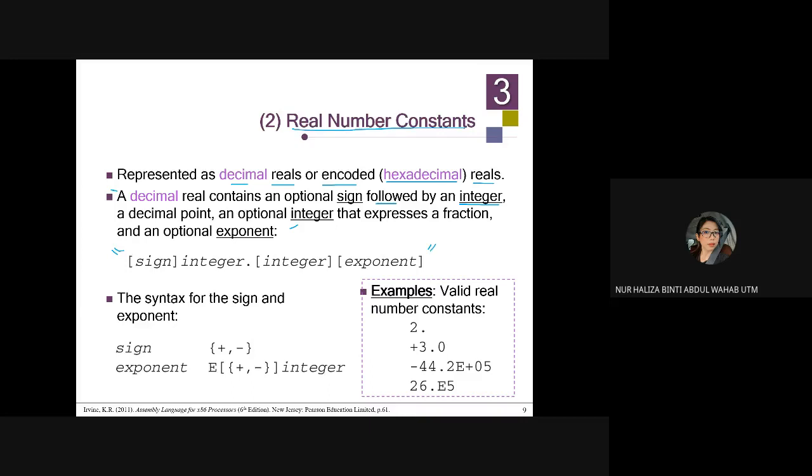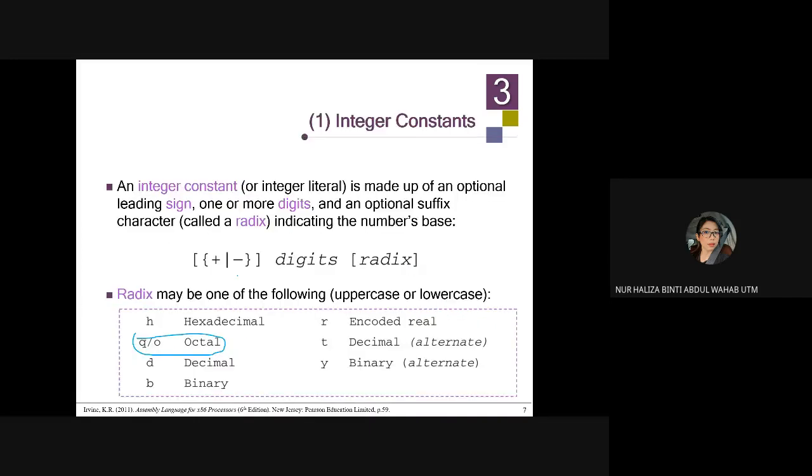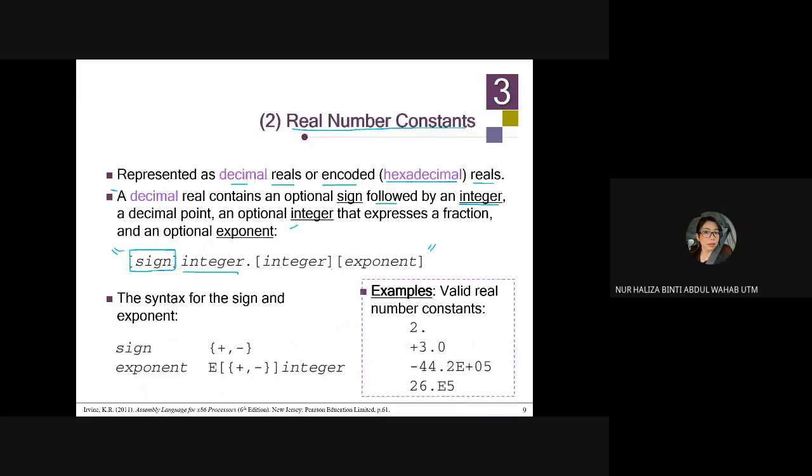It's slightly different. You can see you still have a sign in front, whether it is positive or negative. And then after that, previously you had digit, which is basically whole numbers with no floating point. But for integer, you can see over here, you have the integer representing whether you have the floating point or not.